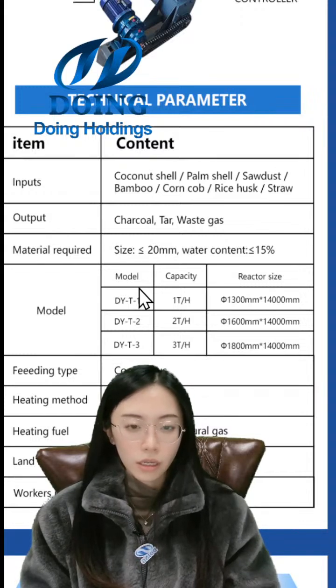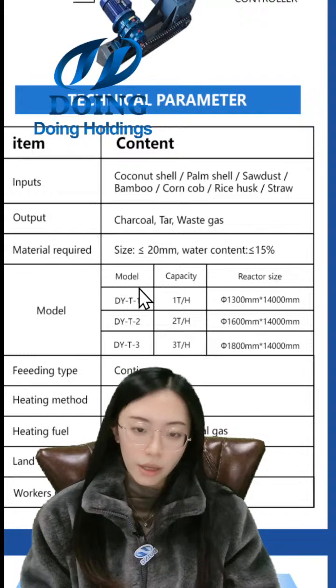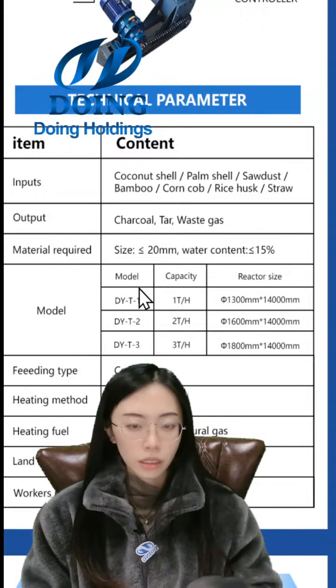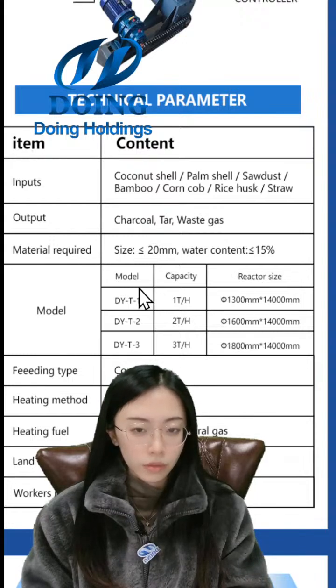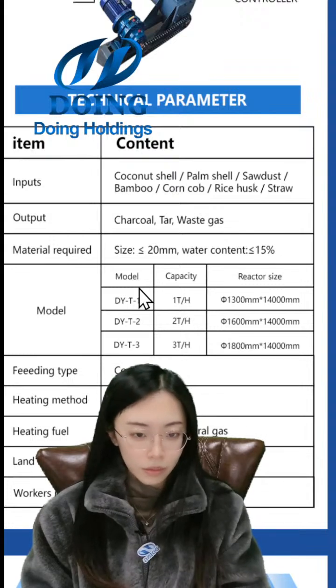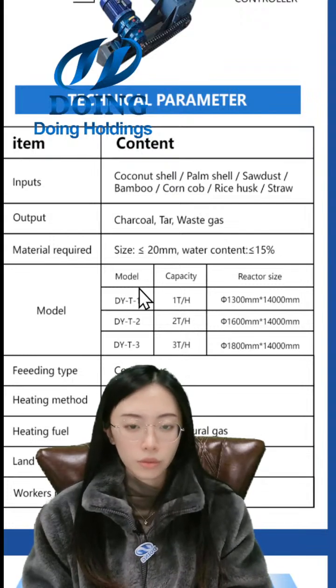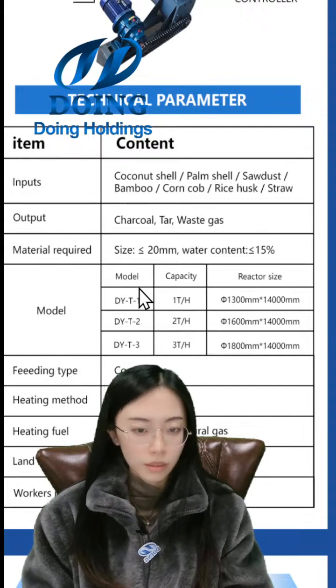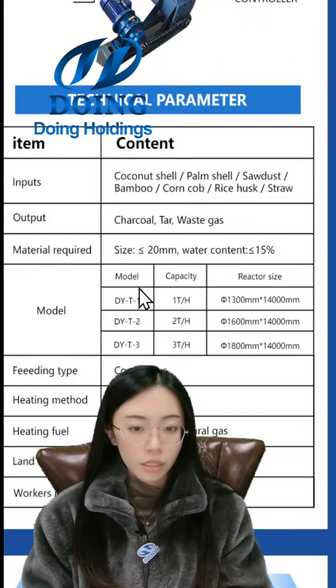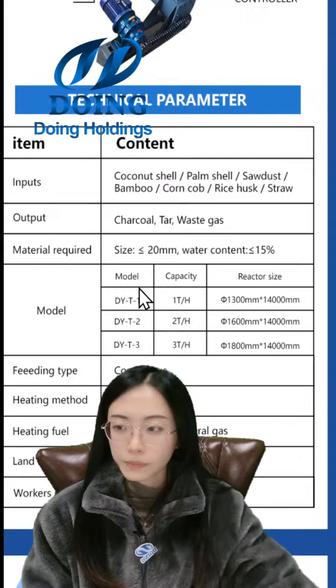We support customization. You can tell us how much material you need to process every day or every hour, and about your land area and the features of your materials, so we can give you the customized production line that is most suitable for your materials and requirements.